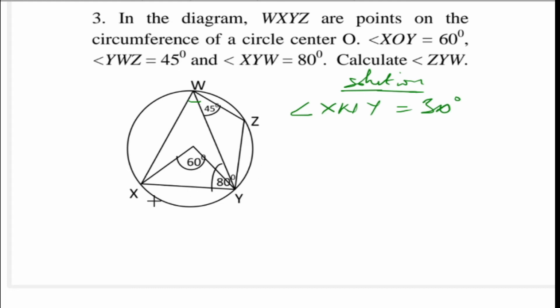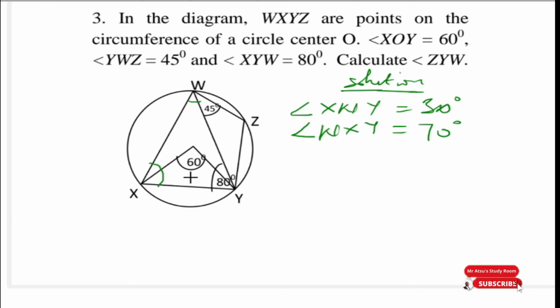And taking triangle XWY, we can find here now, because here is 80, here is 30. So we just need to look for what we need to put here to make it 180, the sum of interior angles of a triangle. And here will be 70. So angle WXY is 70 degrees, because 70 plus 80, 150, plus 30, 180 degrees.